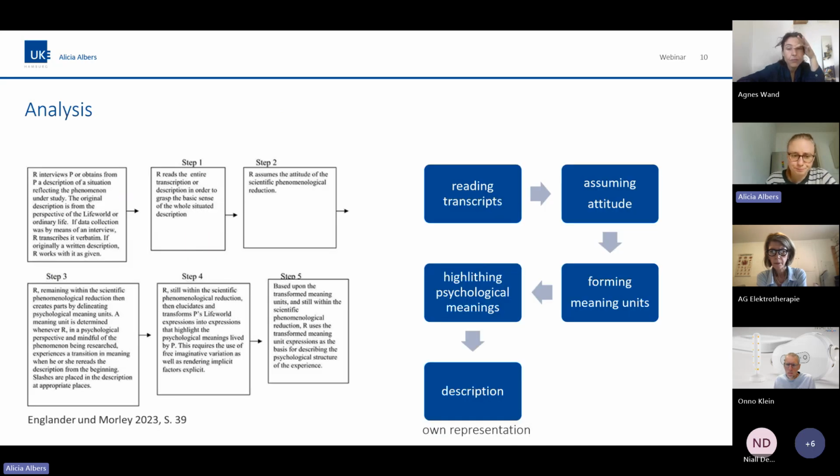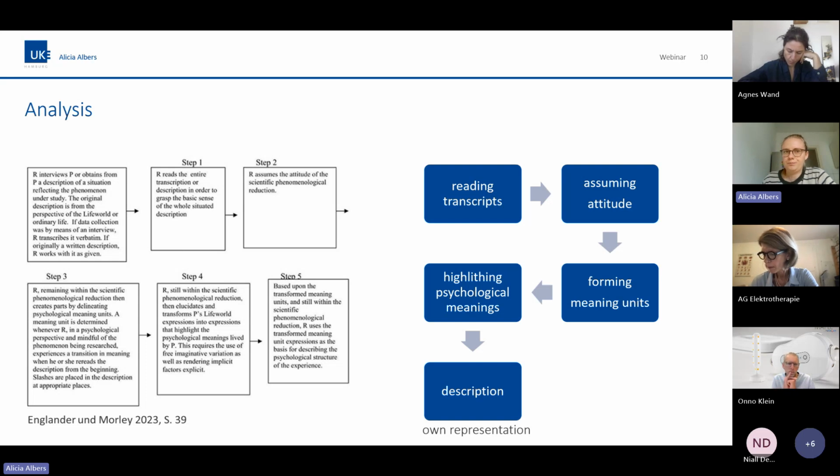My analysis is based on, as I said, the lifeworld analysis, and it's recommended for use in phenomenological research. The analysis includes 5 steps, and I wanted to break it down on the right-hand side to show what I did. My first step was reading the transcripts.